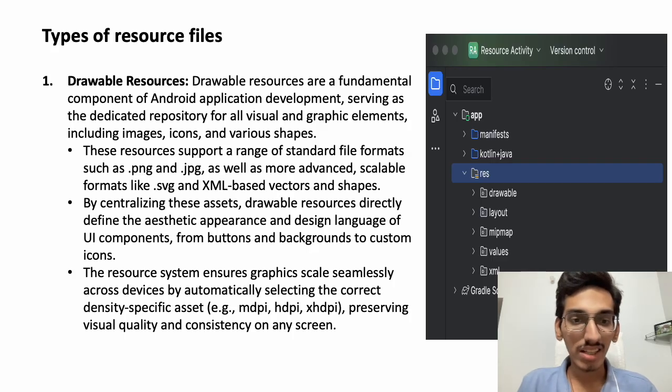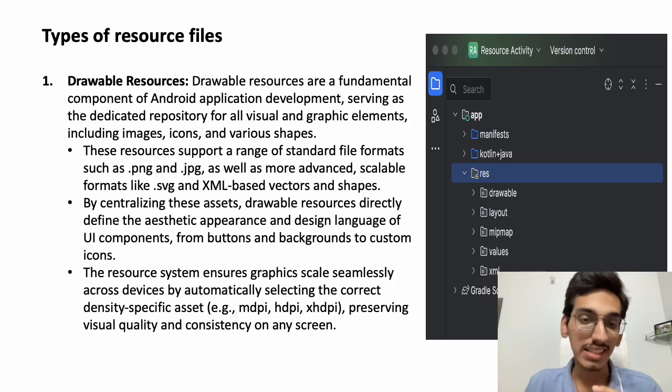These centralized assets directly define the aesthetic appearance and design language of the UI components, from buttons and backgrounds to custom icons. The resource system ensures graphics scale seamlessly across devices by automatically selecting the correct density-specific assets like MDPI, HDPI, and XHDPI, preserving visual quality and consistency on the screen.